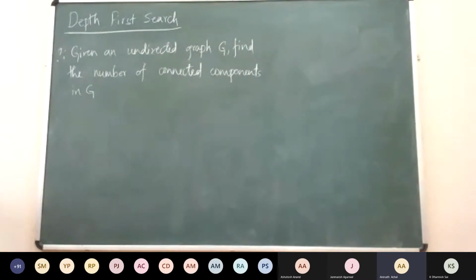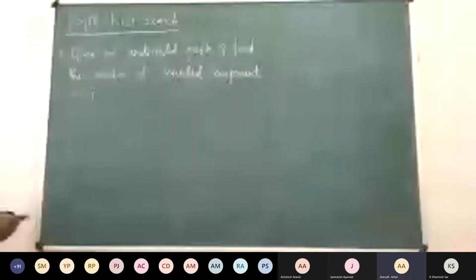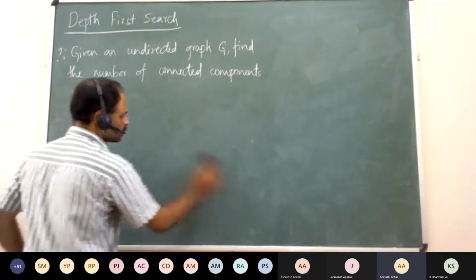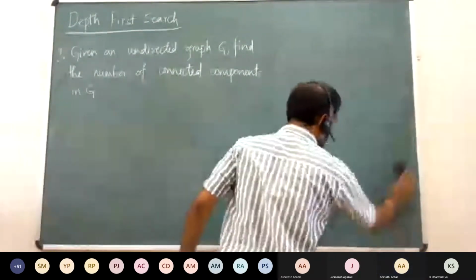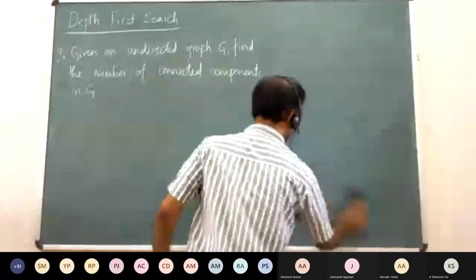Can we also mark the vertices which belong to the same connected component? Yes, sir. We can just have another array that stores these things. So where in the pseudocode will you be making the change?